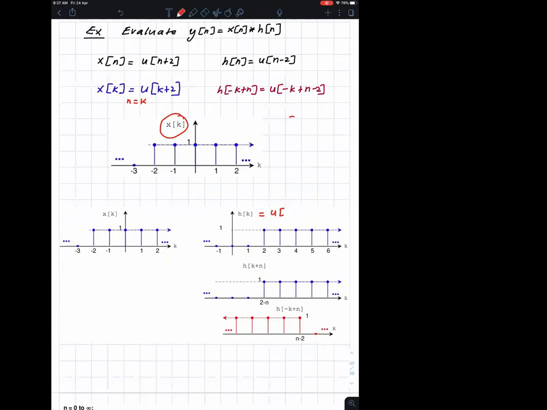I'm just replacing the n with k minus 2.